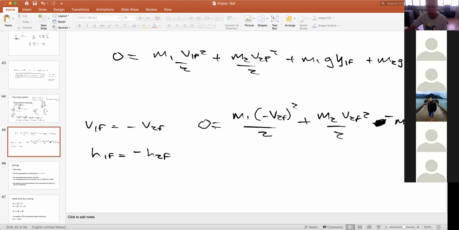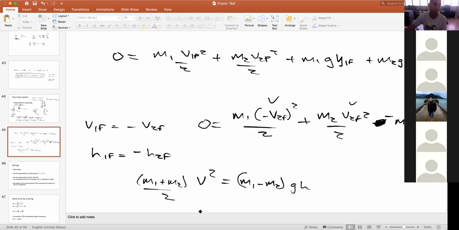Since these are both V, this becomes M1 plus M2 over 2 times V squared. They have to be the same. We learned that already. I'm going to move this over, so my negative signs are going to flip. M1 minus M2 GH.